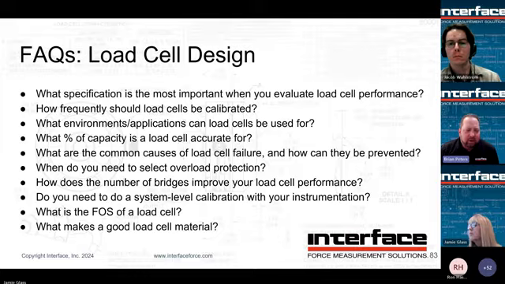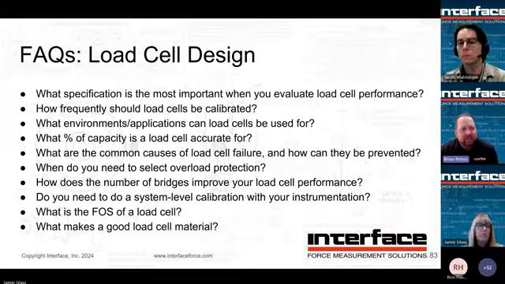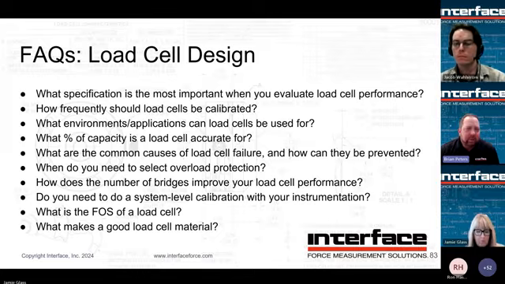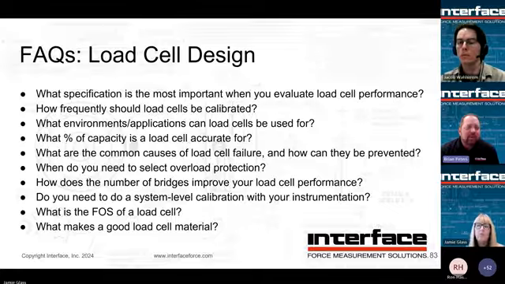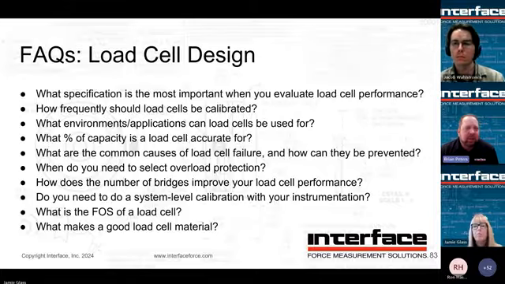We should mention too on our low profiles, we didn't touch on it earlier, even though we don't have any EDM features in the shear beam flexures, we can offer compression overload protection by tightly controlling the tolerances between the base and the bottom of the hub on the load cell. So our 1000 series, 1100, 1200, we can offer compression overload protection in the neighborhood of 300 or 400%, I think, through doing that.